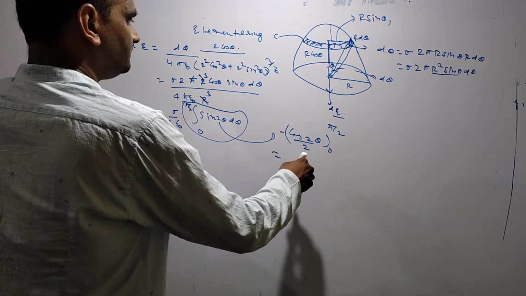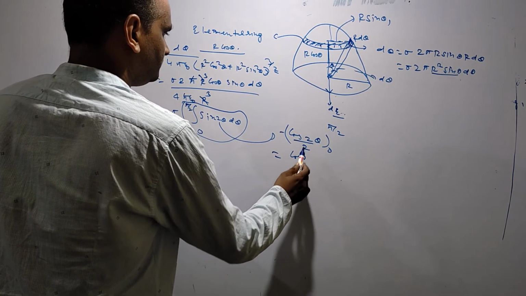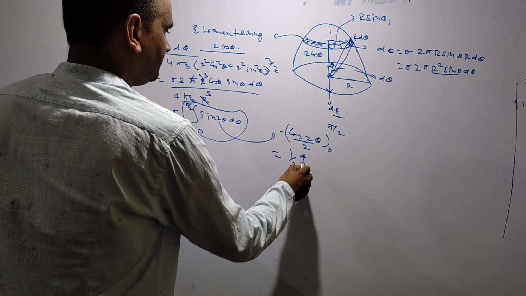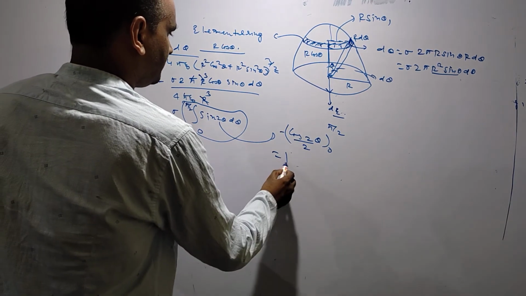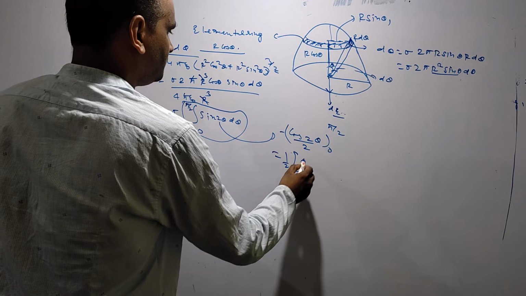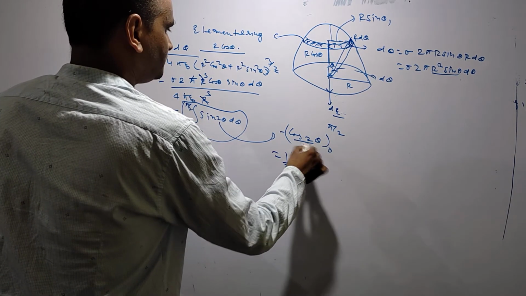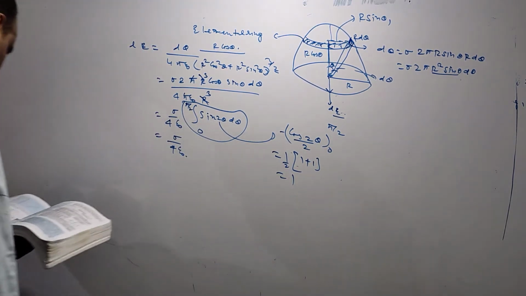You can put here cos 0, which is 1, and it will be half plus... if you take integration half, then cos 0 is 1, plus cos pi is minus 1 at pi by 2, so it is equal to 1.